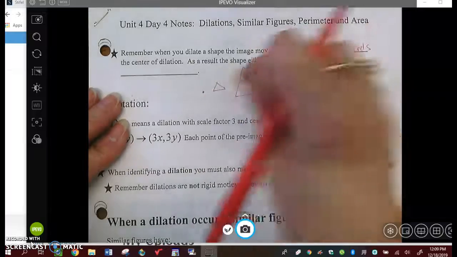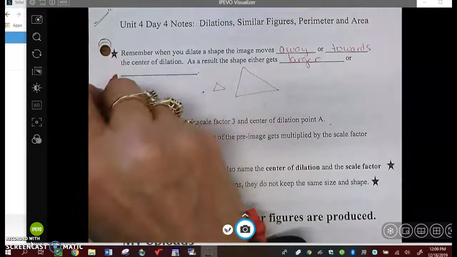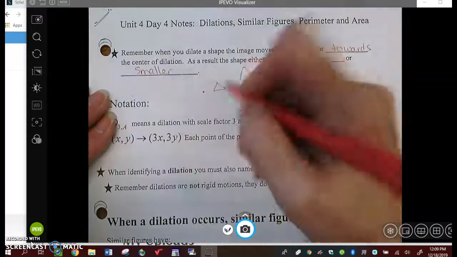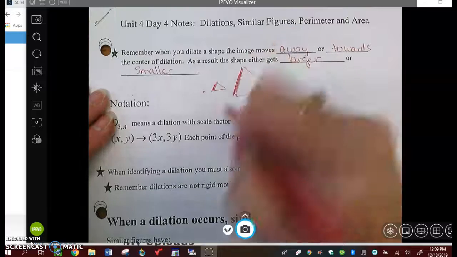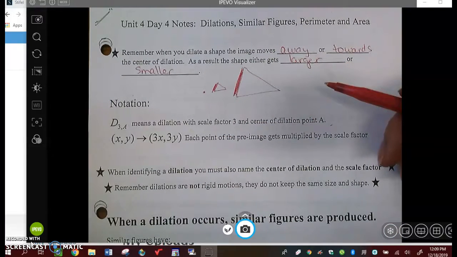Or if you're moving towards the center of dilation, the shape is getting smaller. What's happening is the lengths of the corresponding sides are getting longer or shorter, which then results in your shape getting larger or smaller.